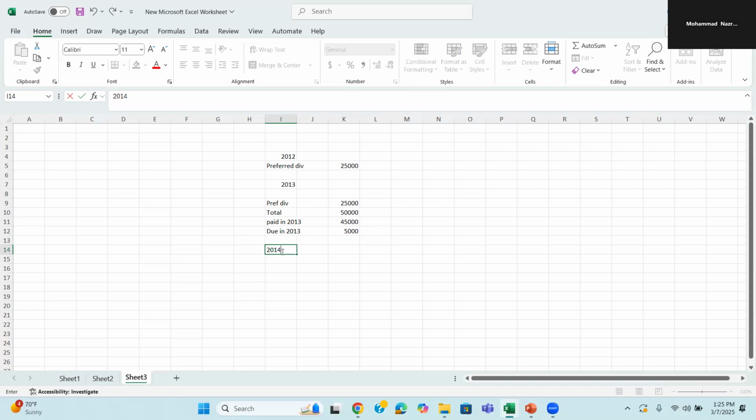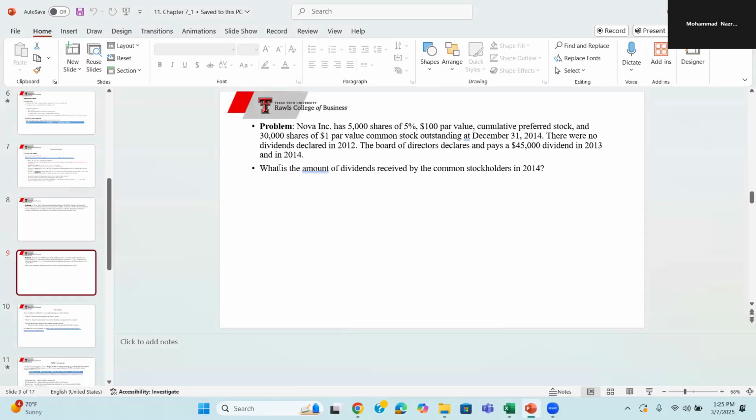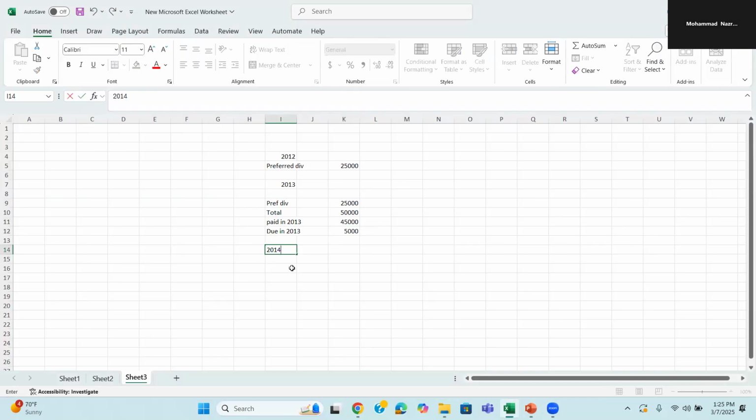What happened in 2014? Because we have to calculate the 2014 amount, right? What is the amount of dividend received by common stockholders in 2014? All right. So in 2014, our dividend due should be 25,000, right? The same calculation you can do for 2013, 2014, everything, right? But they say they paid 45,000.